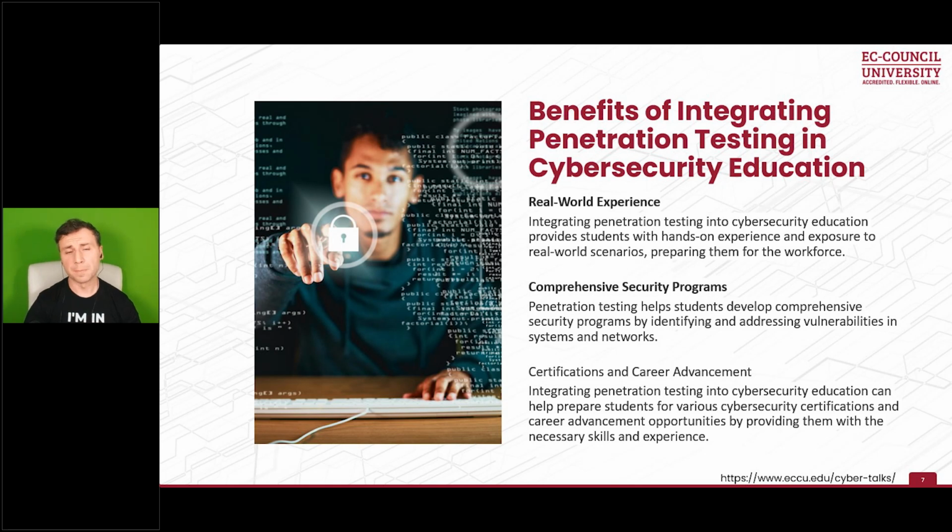So one more thing that is very important about pen testing and integration into cybersecurity education is the program for the students. Penetration testing helps students develop comprehensive security programs by identifying and addressing vulnerabilities in systems and networks. So by the end of the course, you will not only know a lot of names and acronyms and hear about a number of tools, but you really will know what to do next. So you finish the course, and let's say you start to work for a company, at least you'll have some ideas.